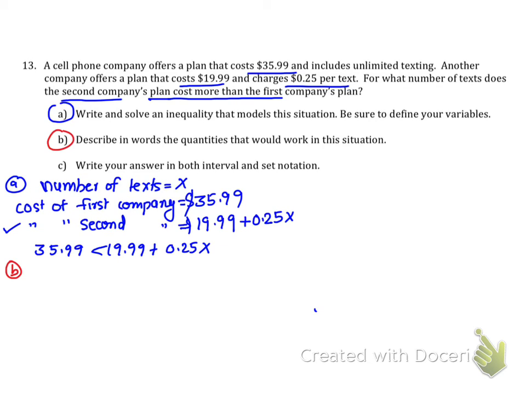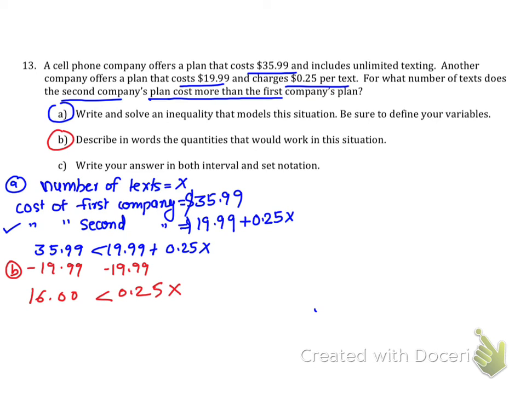I need to subtract 19.99 from both sides, and I'm going to get 16 is less than 0.25x here.